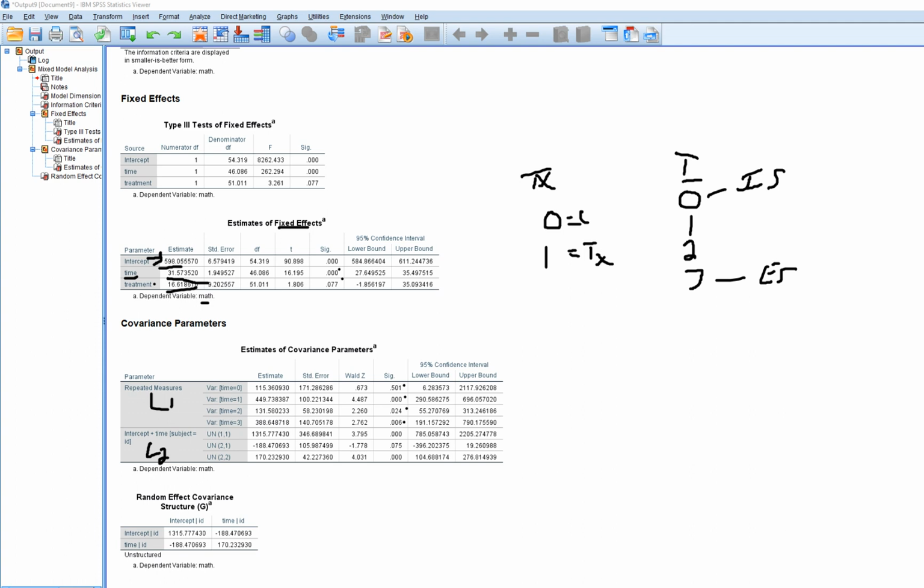In terms of the level 2 intercepts and slopes, this is the estimate of the variance in intercepts, and it was statistically significant. This means that even after controlling for the treatment variable at the initial status, there was still significant between-student variation in math scores at this measurement occasion.